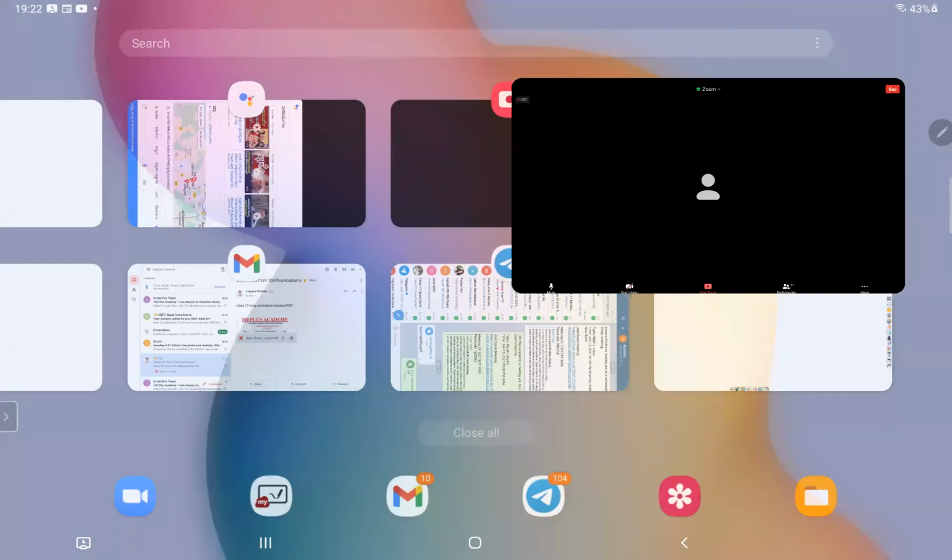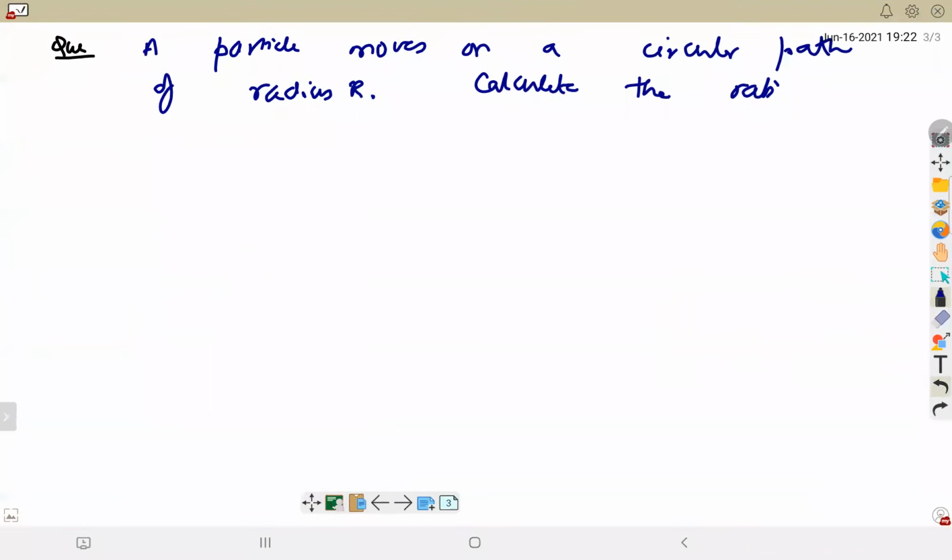I was just checking, a few students have not joined. Yeah. Calculate the ratio of distance covered to displacement, distance to displacement in 3.5 rotation.